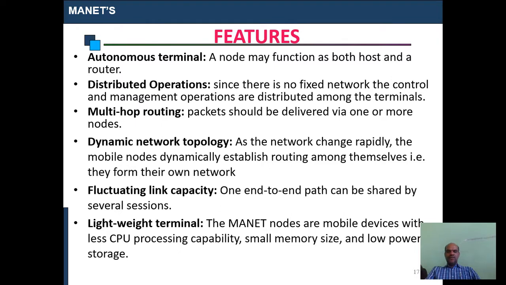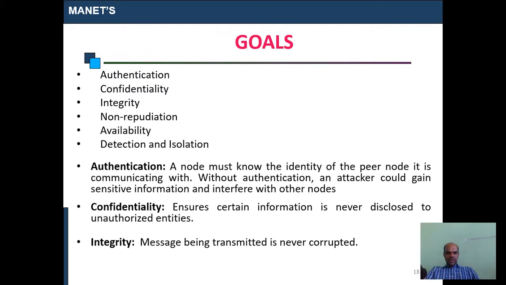For the same reason, as the mobile nodes are moving from one location to another location, the links may change from time to time. The MANET nodes are mobile devices with less CPU processing capacity, small memory size, and low power storage.